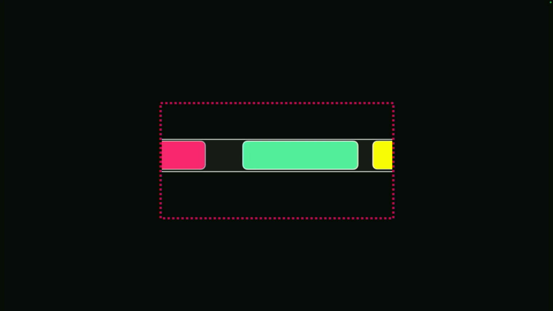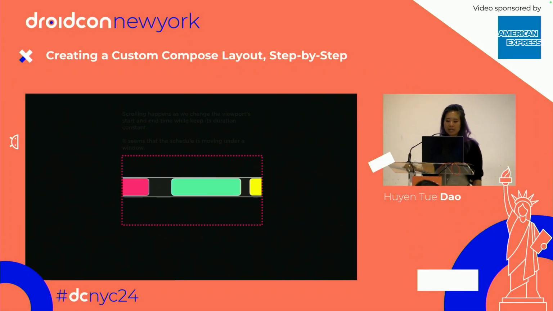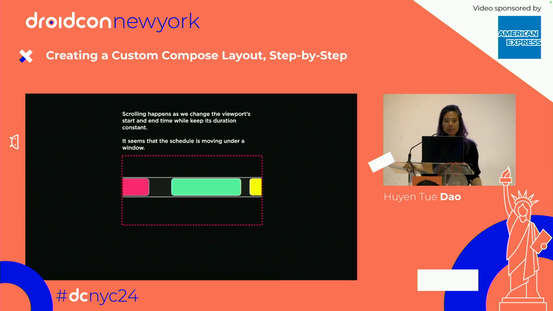Rather than rendering my layout and having scroll offset it back and forth, how about my component just draws what's in the window. The left half is the start time, the right is the end time of my viewport, right? It's a window. What if I just shift that window and move that start time?